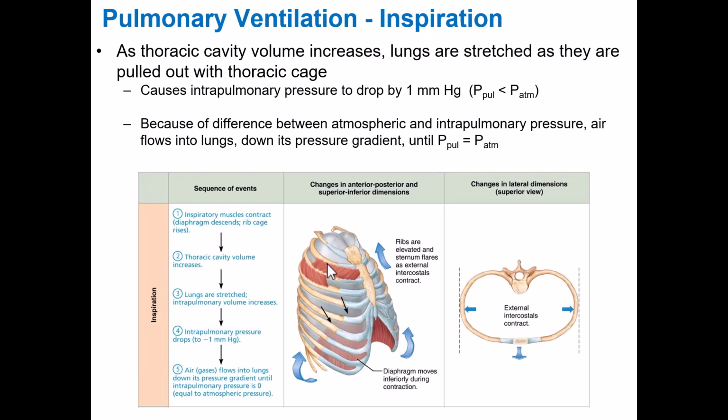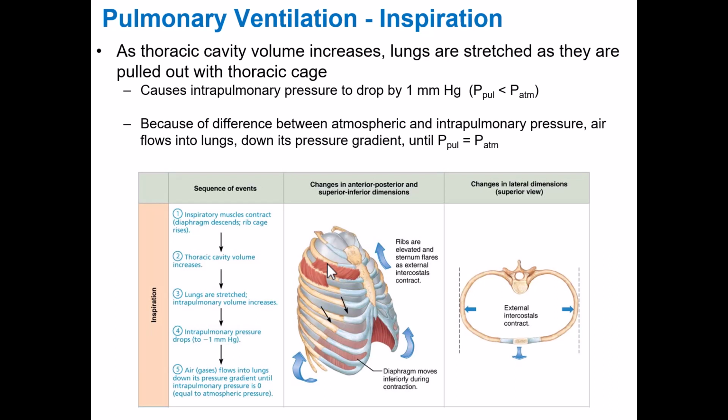The effect is it increases the volume of your lungs. Well, increasing the volume of your lungs is going to decrease the pressure of your lungs because volume and pressure are inversely related. So that intrapulmonary pressure is decreasing. It is no longer equal to the atmospheric pressure. And so now the pressure of the atmosphere is greater than the pressure inside the lungs.